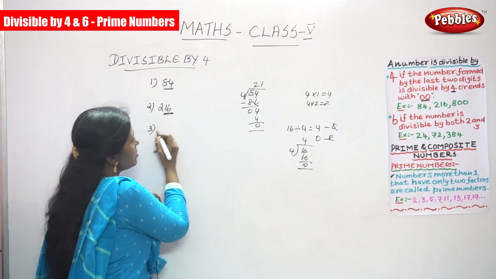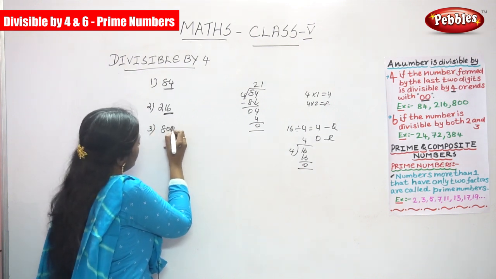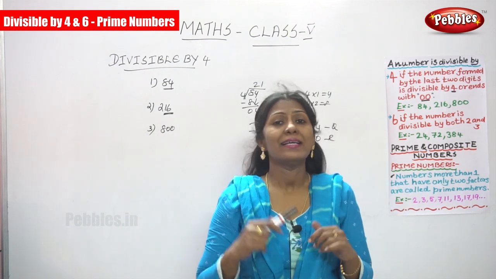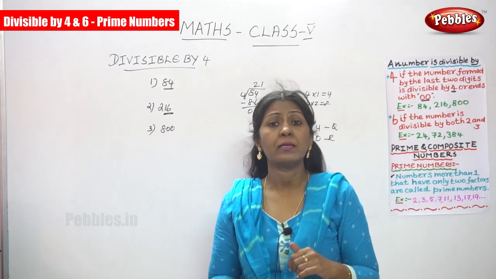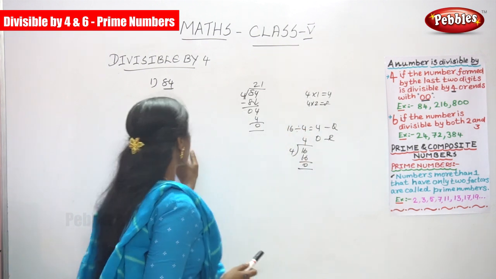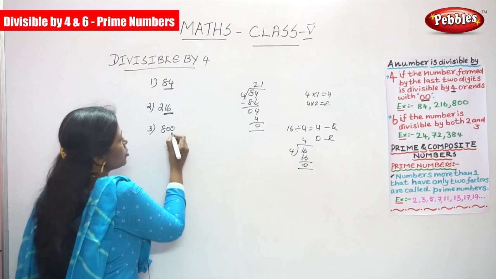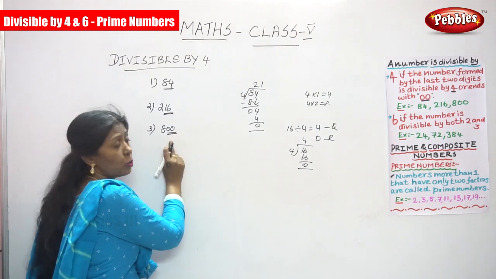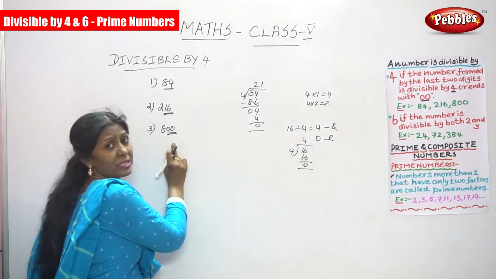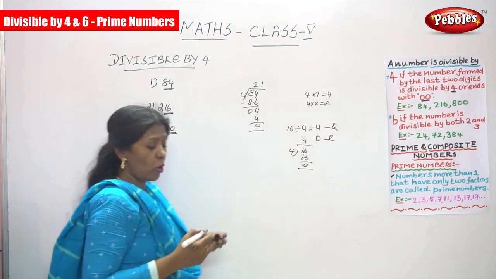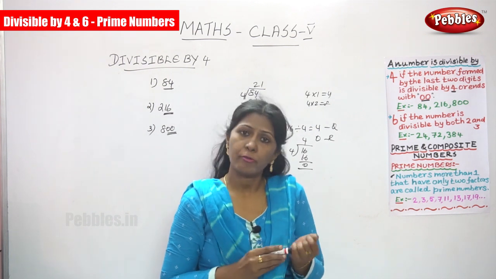The next number is 800. In the rules of divisibility by 4, the next option we are going to use is that the number ends with 00. If the last two digits are 0, it is automatically divisible by 4.